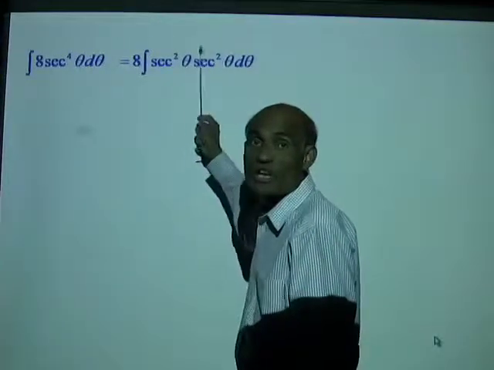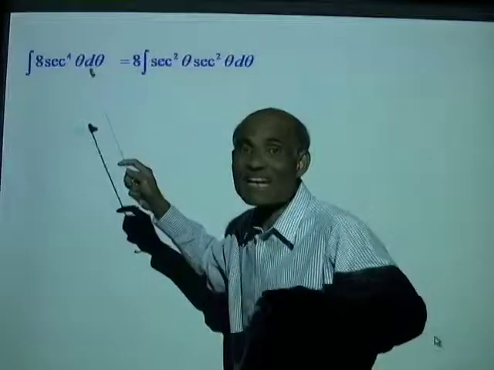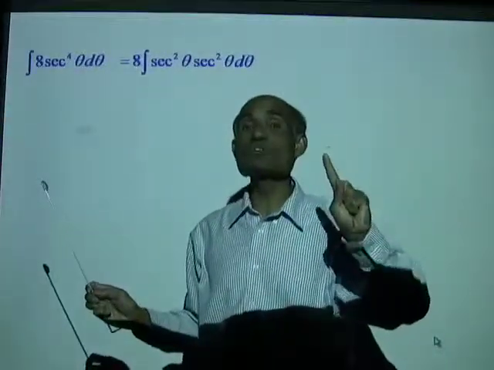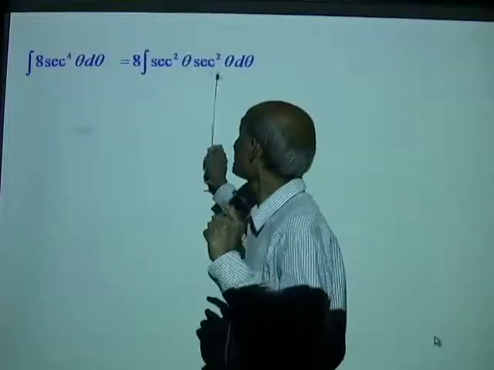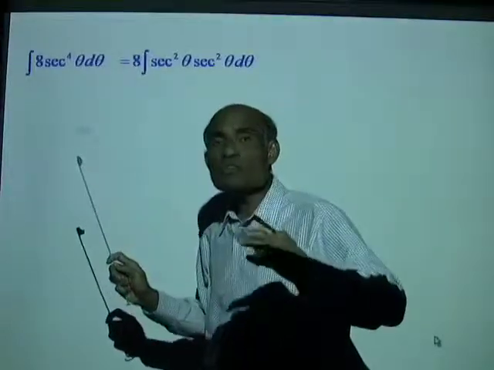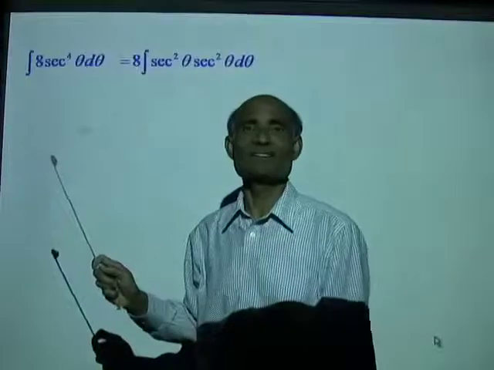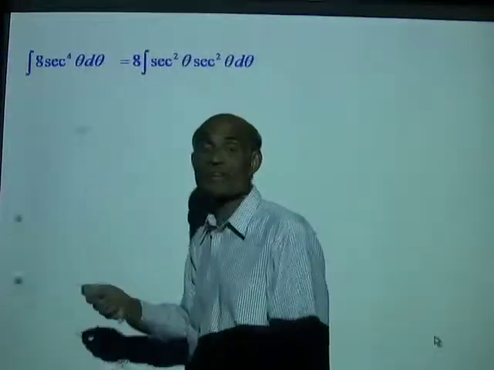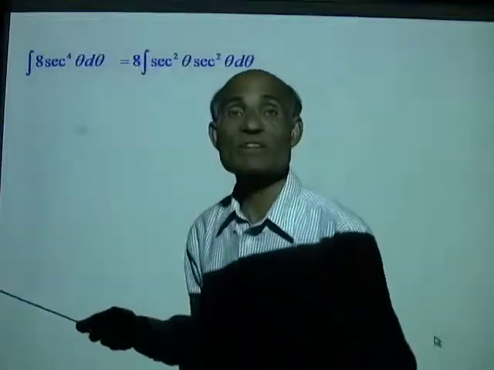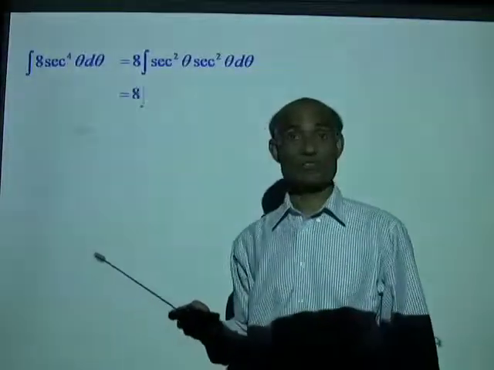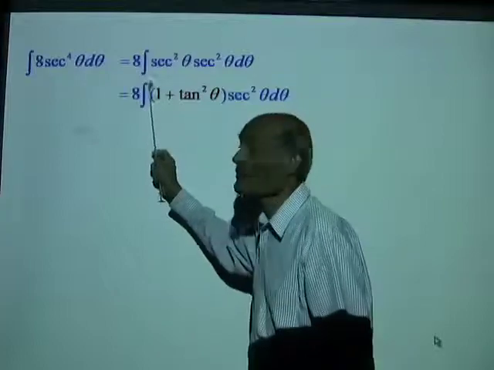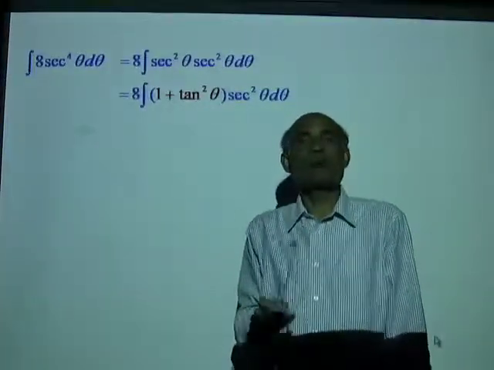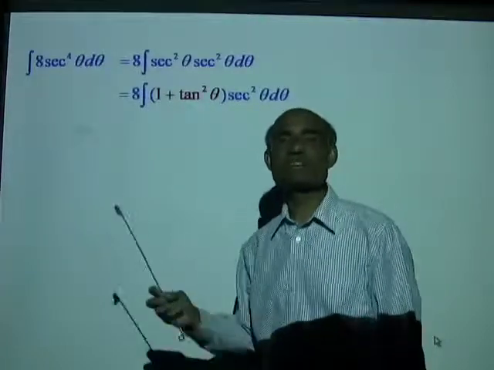If you want to leave this part to take care of our du, then what must be our u? If this has to be du, then u has to be tan theta. Can you change this first secant squared theta in terms of tan theta? Yes, you can. Secant squared theta is 1 plus tan squared theta. You see how easily it gets transformed.